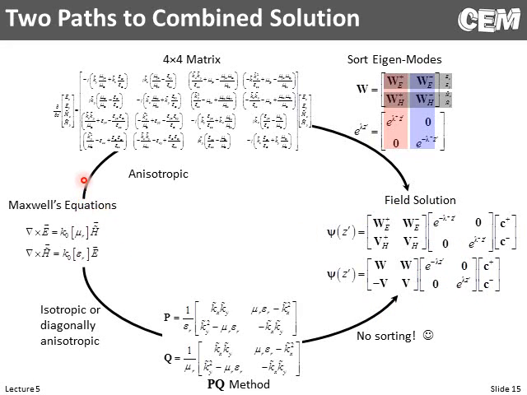The other route would be necessary if we had anisotropic materials. However, like we discussed in the previous lecture, this will require you to sort your modes, but in the end, we're going to end up with very, very similar solutions. If we do have isotropic materials, no mode sorting, and it's actually much simpler to do that. Not too big of a deal to sort, but it is an extra step that is a little bit less convenient.